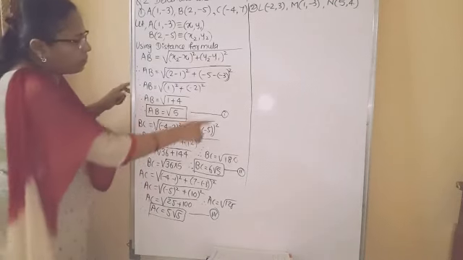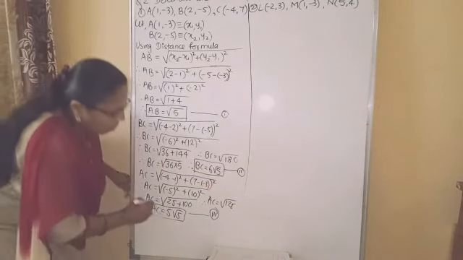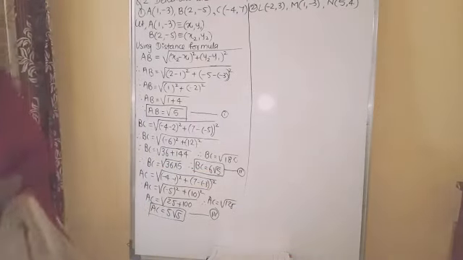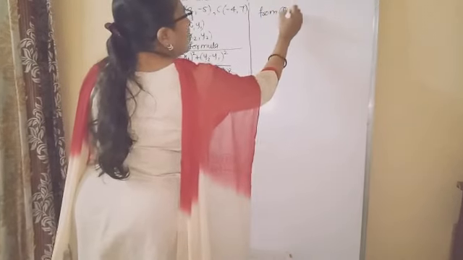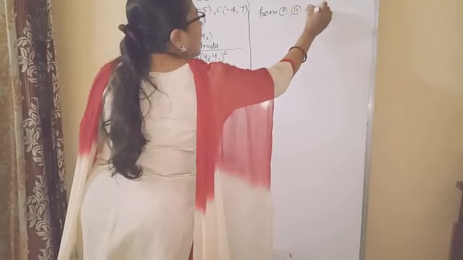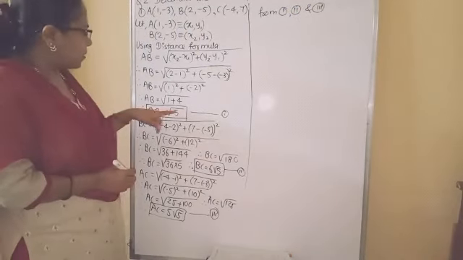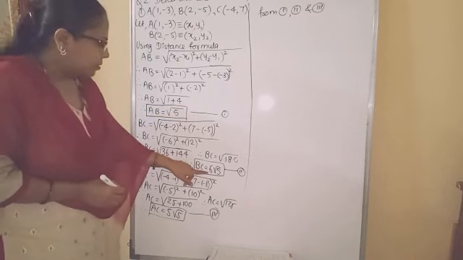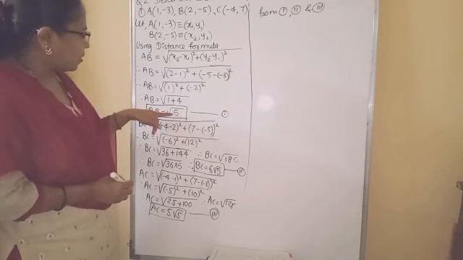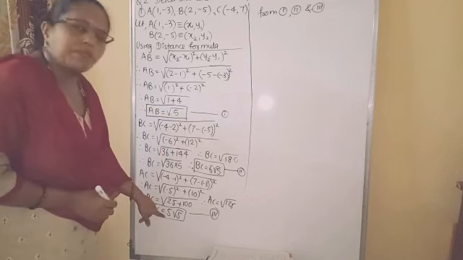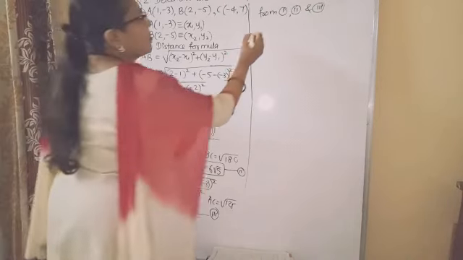Okay. Now from 1, 2 and 3, here we can see we got root 5, 6 root 5 and 5 root 5. So we can say that root 5 plus 5 root 5 is equal to 6 root 5.